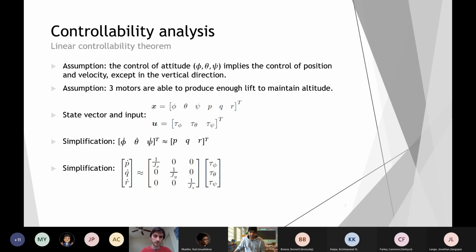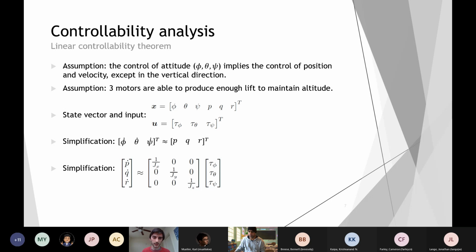So with these considerations, for the state vector, we're only going to use the angles and angular velocities, and for the inputs, we're only going to consider the torques. For linearization, we do 2 simplifications. We assume that phi dot, theta dot, psi dot are almost equal to p, q, and r. And for p dot, q dot, and r dot, we remove the nonlinear part.